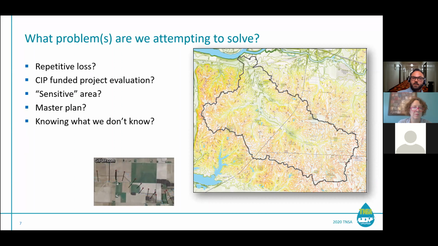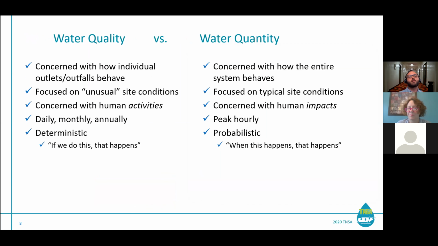Is there a particularly sensitive area that kind of goes along with that repetitive loss? Are you doing a master plan? Are we tackling entire parts of the city to look at those repetitive loss areas? Or are we just doing this sort of thing to verify that we don't know what's going on in the system at all, and we're trying to get our head around where our city's at? These are all valid problems that you would want to solve with stormwater modeling.